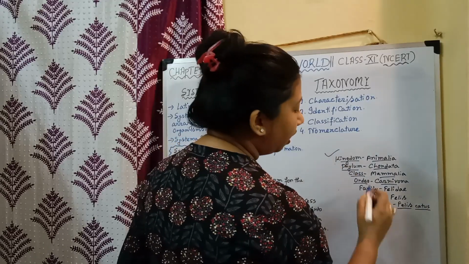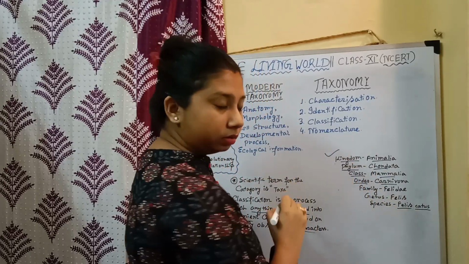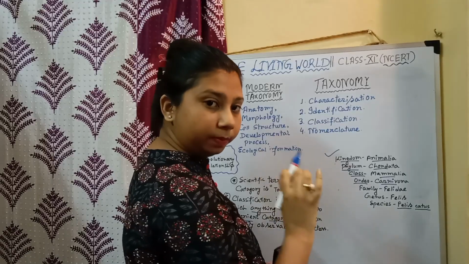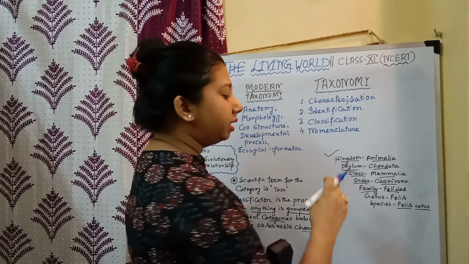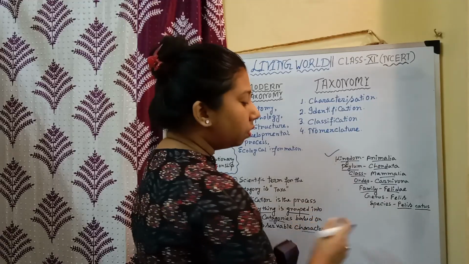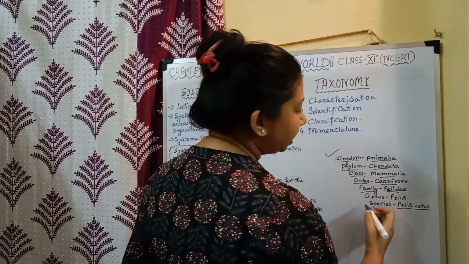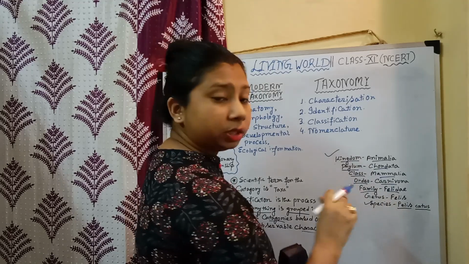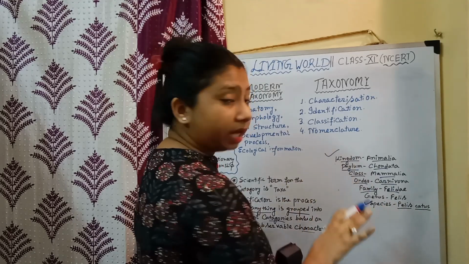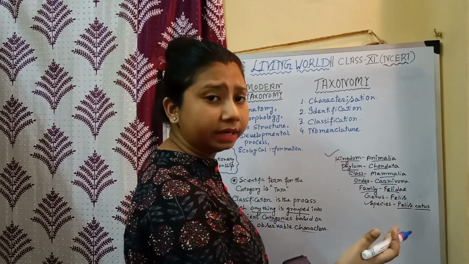Like this, within order Carnivora, another relatively small group is family Felidae, and we can place the cat into this Felidae category also. And this is actually the scientific name of the cat. In the previous video, we learned how we can write the scientific name.